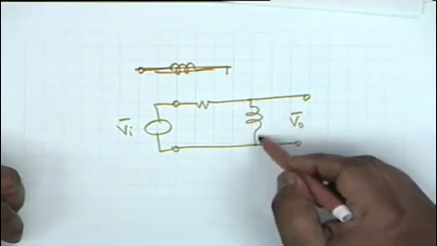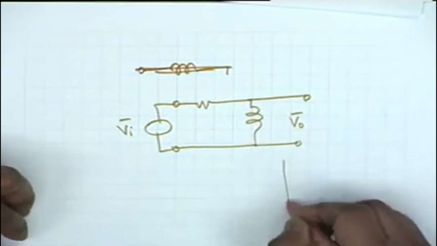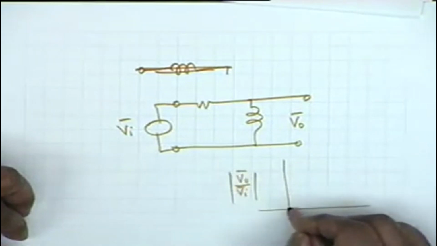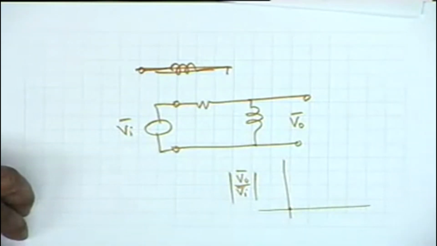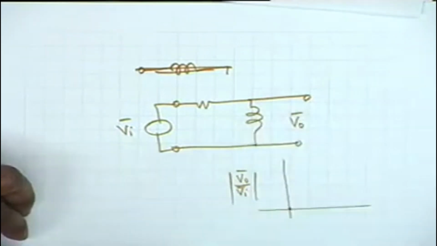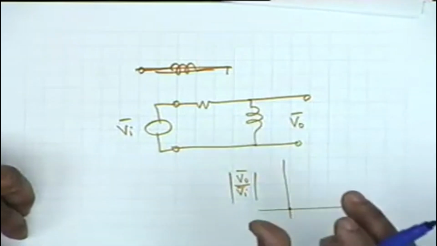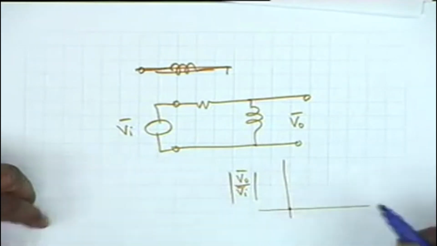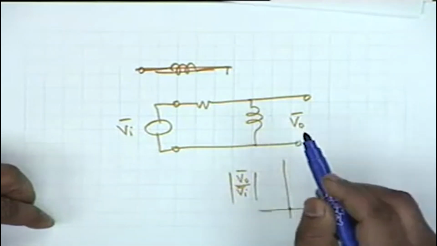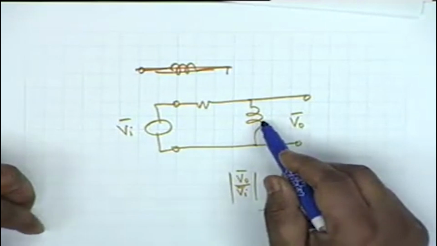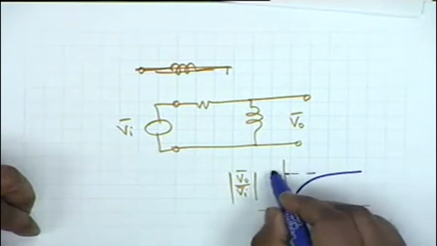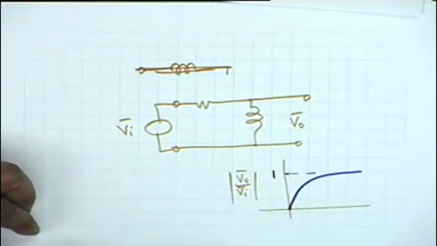At DC this is short. So if you plot V0 by Vi magnitude, it will start from 0. At DC it is 0, and when the frequency increases, the impedance of the inductor increases, and therefore the ratio of the voltages increases, and at infinite frequency, when this becomes open, the ratio will rise to 1.